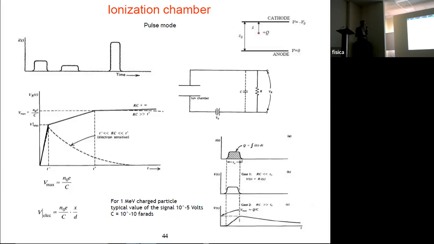There is one trick: you can rely only on electrons. You can choose the parameter RC so that it lies between T minus and T plus. By integrating your charge only in this time window, you will collect only electrons.